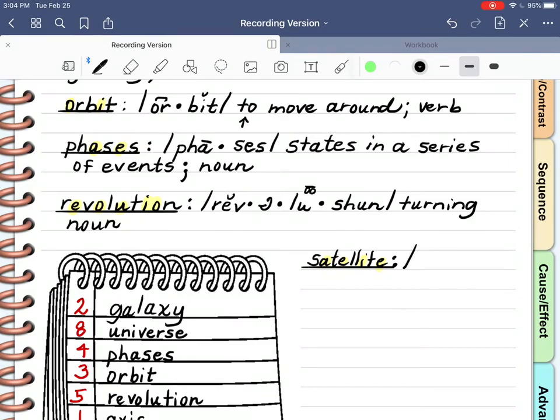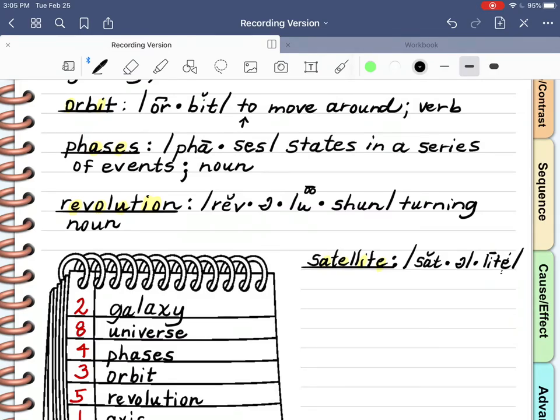So I have sat, here's schwa, and I know that one of those L's has to go in that syllable, and the second one goes in this syllable. And this time that E is silent. So even though it counts as a vowel, I'm only hearing 3 of the vowels. So I hear sat, I, light, satellite.